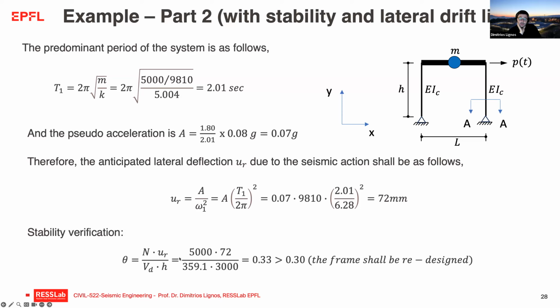Now, surprisingly, when I compute the stability coefficient here, I get the stability coefficient for this frame to be equal to 0.33, which is quite high. It means that the frame is very flexible. And because it is larger than 0.3, the frame shall be redesigned so that the stability coefficient is below 0.3.